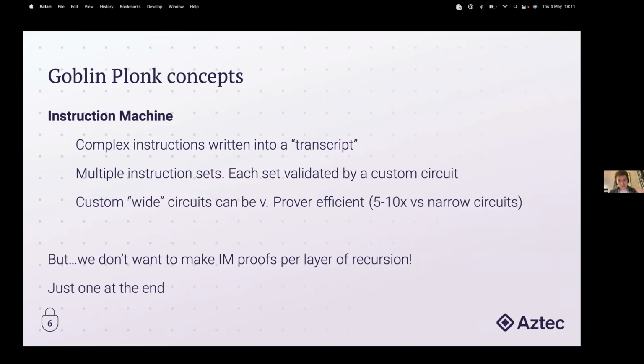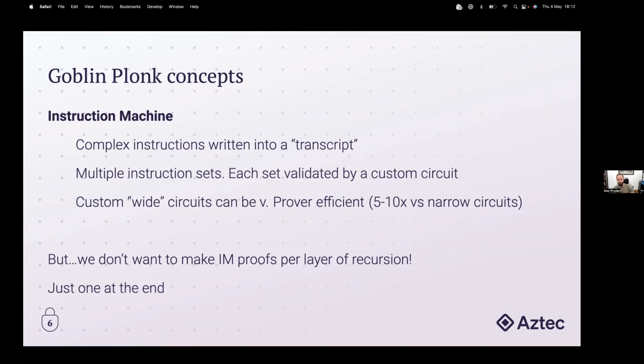This is very nice and efficient because you can create a custom, very wide circuit for each of these instructions, where you can define the optimal algebraic constraints specifically for an instruction, for example Keccak or non-native field arithmetic. Generally, wide circuits are much more prover efficient than narrow circuits because you're doing less wire copying, and also every constraint in a snark circuit has a constant cost associated with computing the opening proof, which goes away.